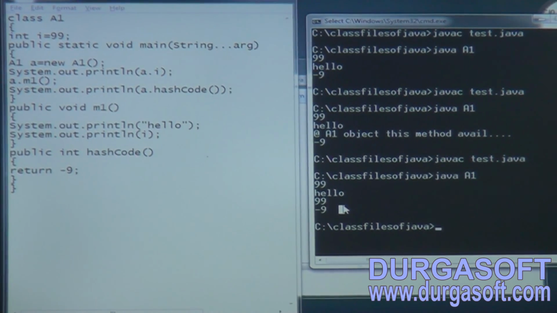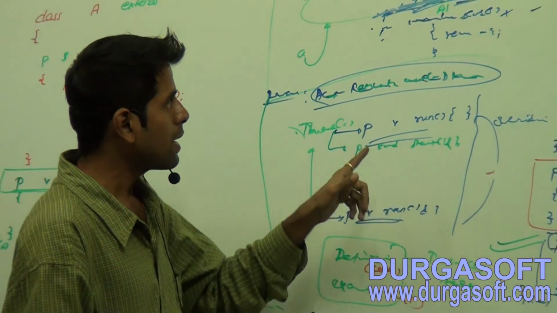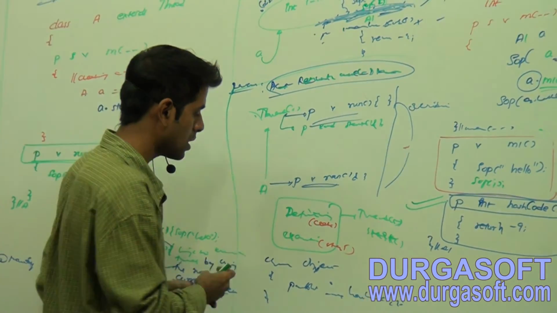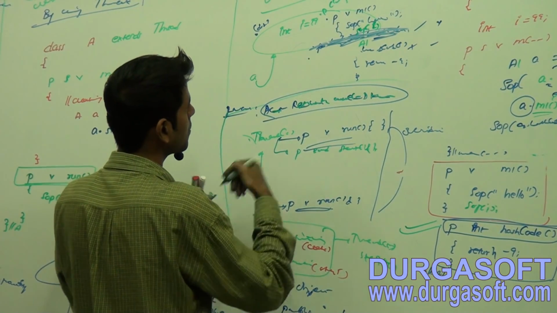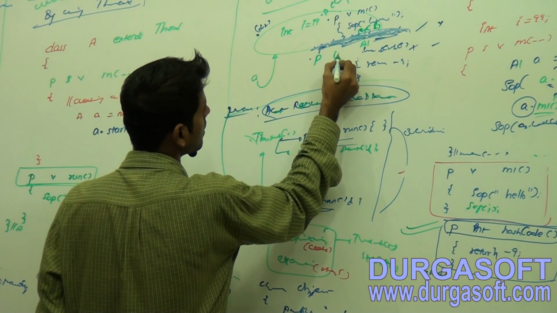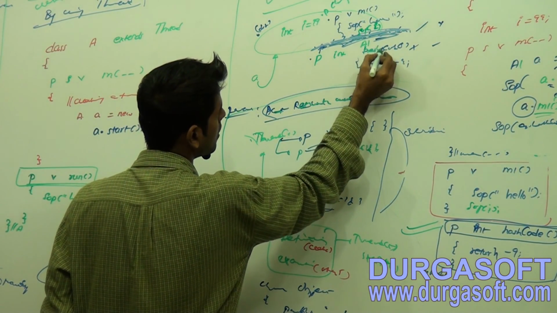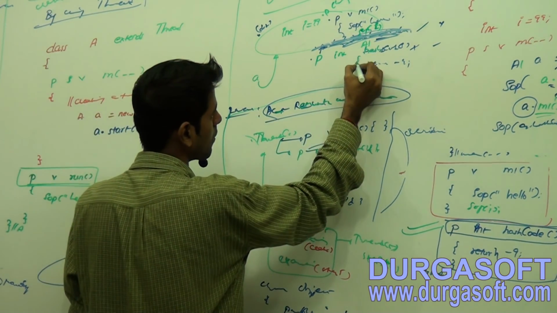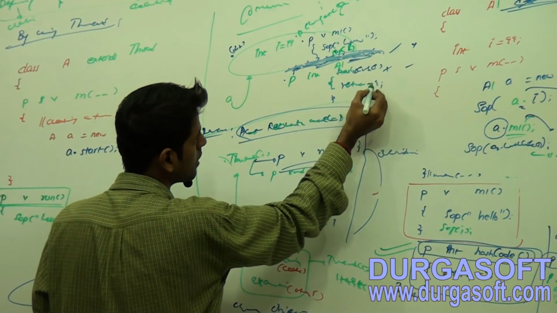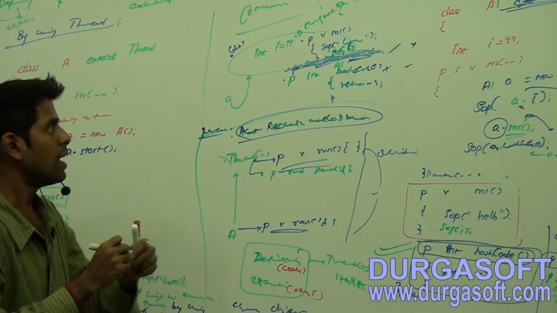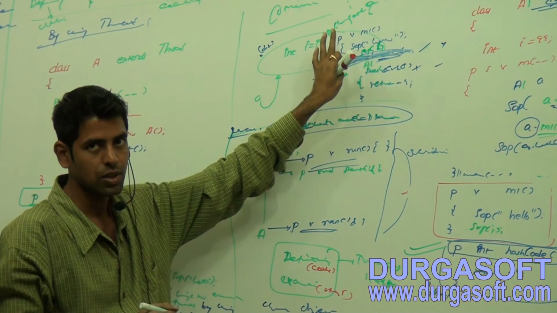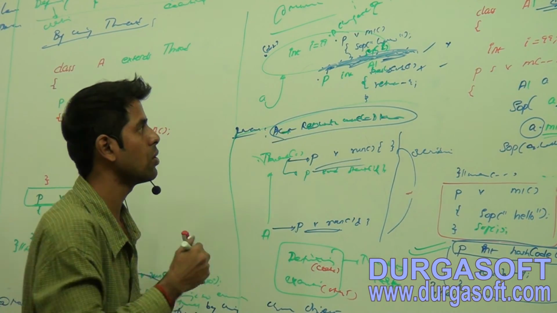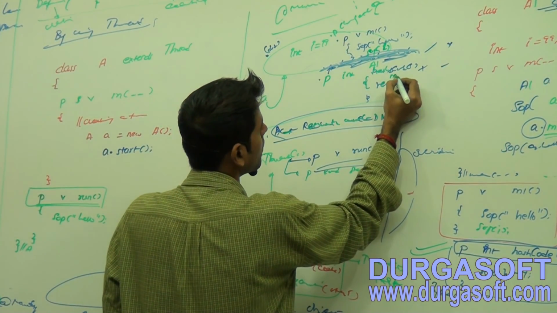Now one small thing, friends. Where is the hashCode method available, at which position? It is also available within the object only, and the m1 method is also available within the object only. Now observe, can I put the m1 method here?